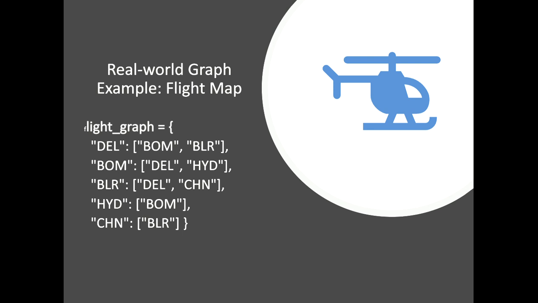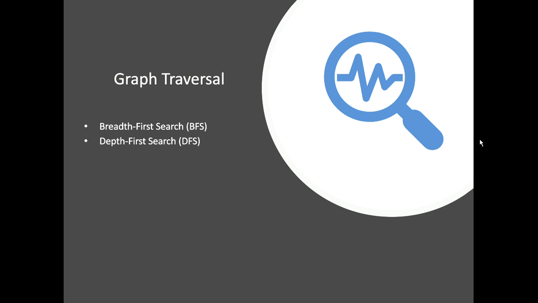And we have one more point to cover as part of Python graphs, which is graph traversal. There are two search techniques to use in order to do graph traversal in Python.